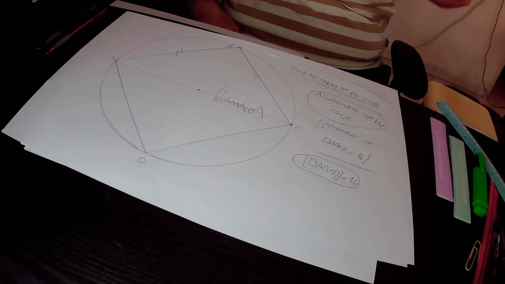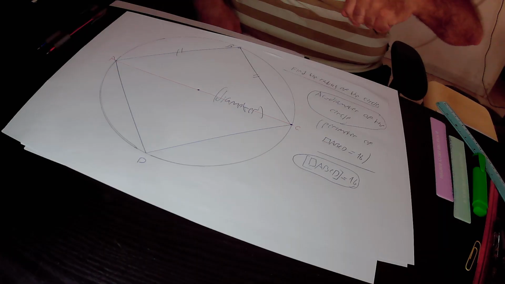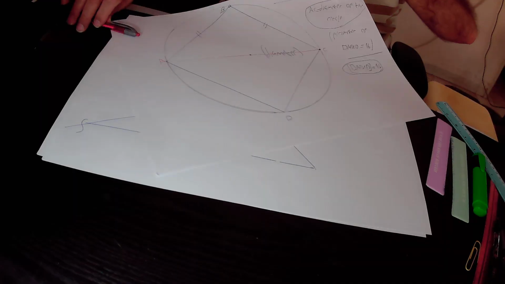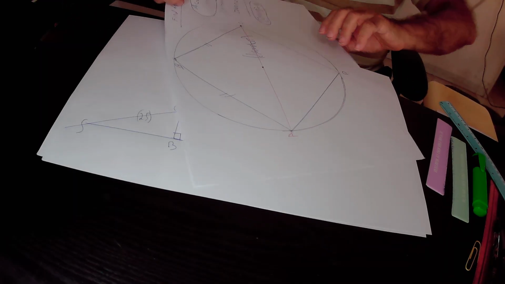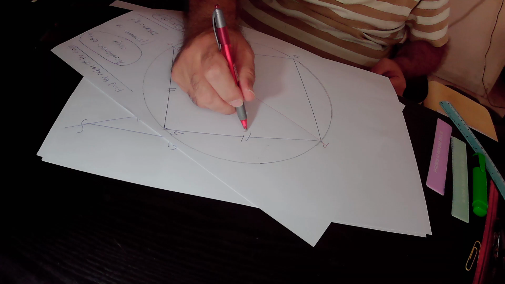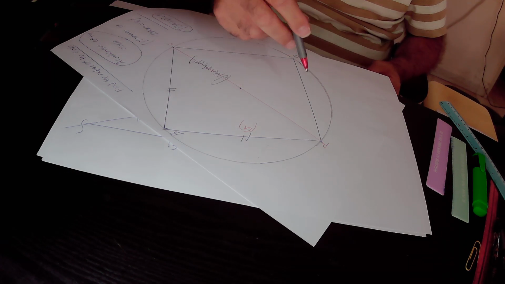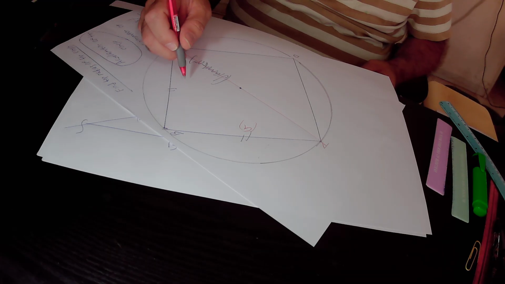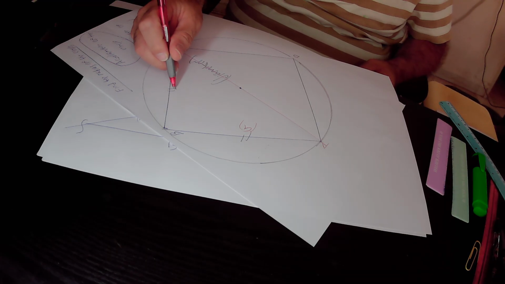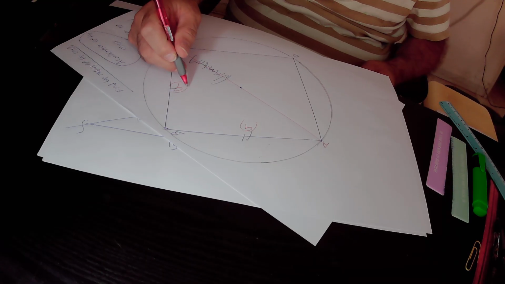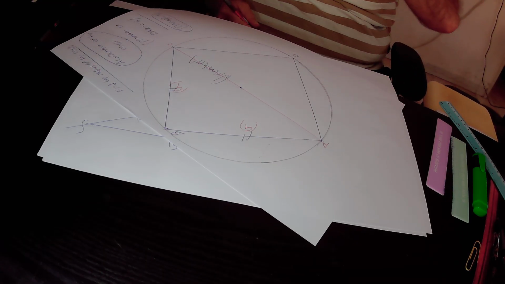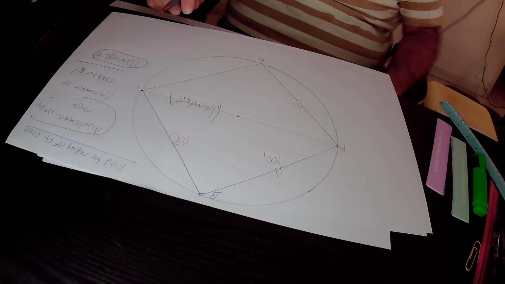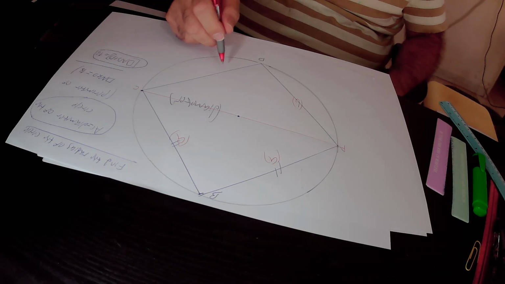We define the length of side BA as A. And because AB equals BC, BC must also be equal to A units in its length. We define the length of side AD as B, and we define the length of side CD of quadrilateral ABCD as C.